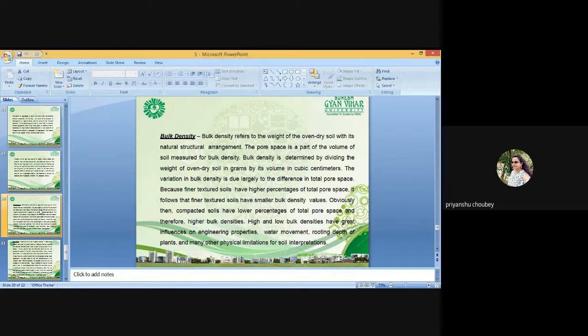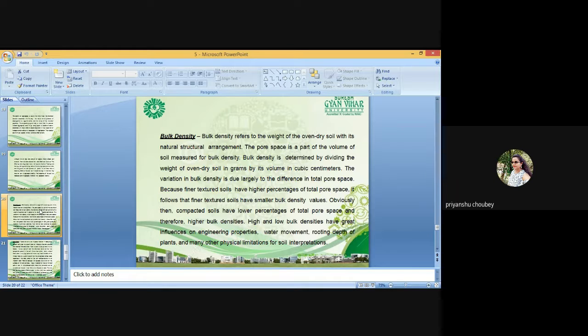The existence of approximately equal proportions of both macro and micro pores is ideal for optimum aeration, permeability, drainage, and water retention. This also offers the most favorable physical condition for optimum plant growth, and porosity of soil can be easily altered.